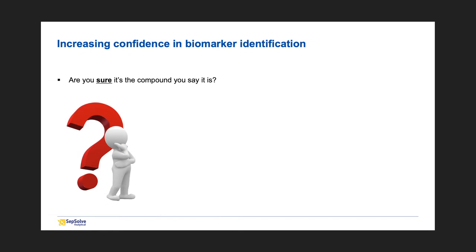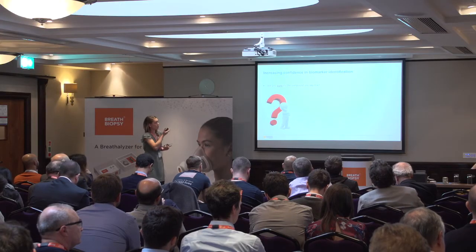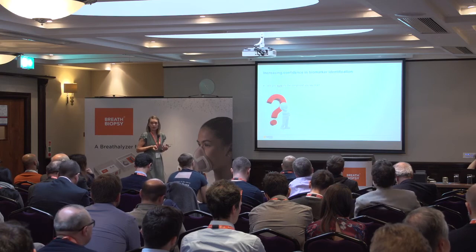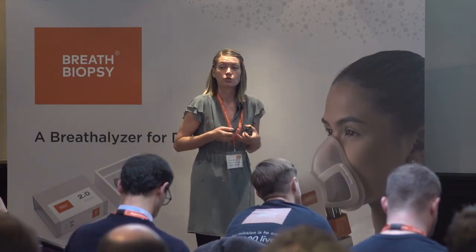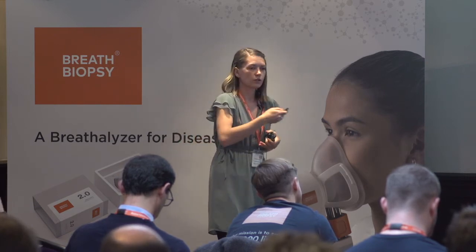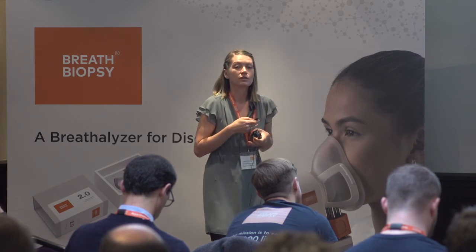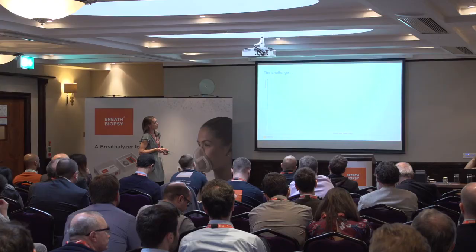Now, when it comes to identification of biomarkers, how can you be sure that your compound is actually what you say it is? We've heard already that one option for this is to do high-resolution MS, but the part I want to focus on here is increasing separation to be more confident about your identification.